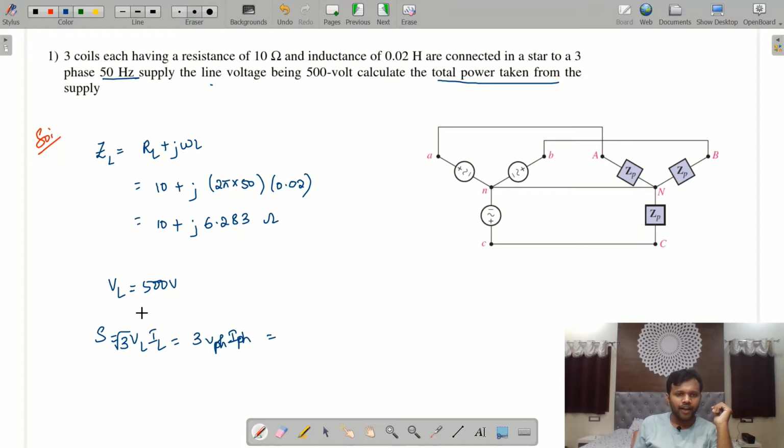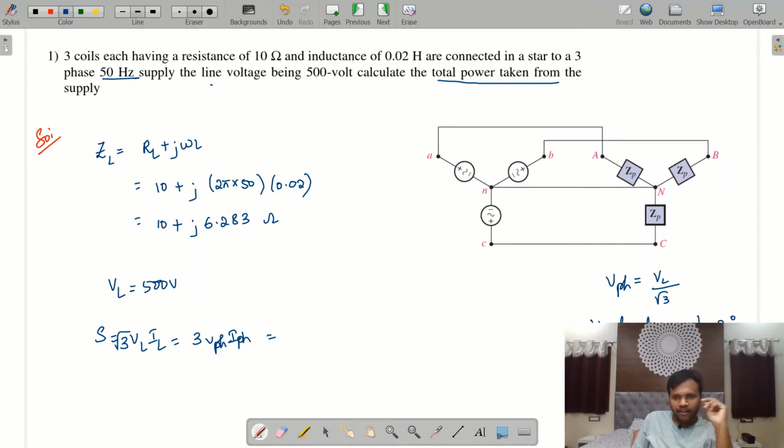Just writing the conclusions of a star connected load: V phase will be equal to V line by root 3, I am not writing the angles, and line voltages lead the phase voltage by 30 degrees.